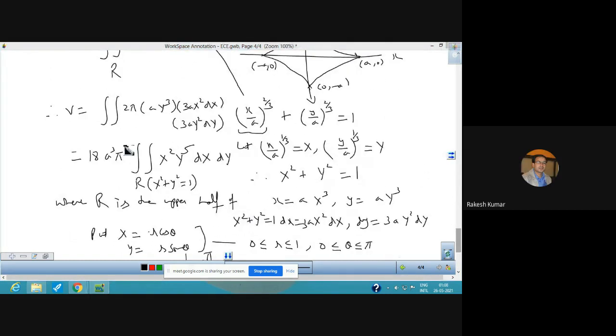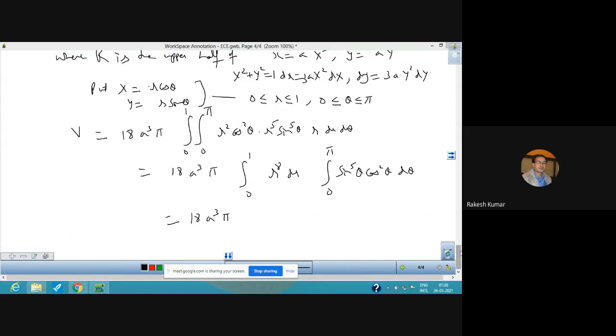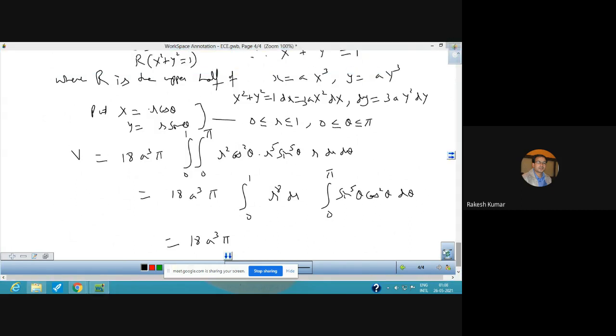It means we are trying to find the volume in the first quadrant. So in the first quadrant the limits will be 0 to pi by 2. So by doing so, you will have this.